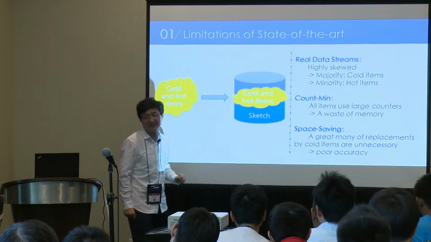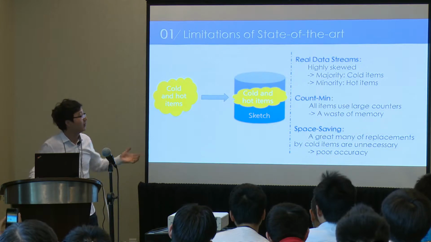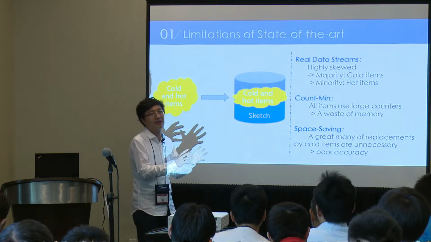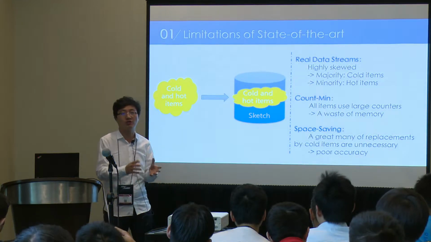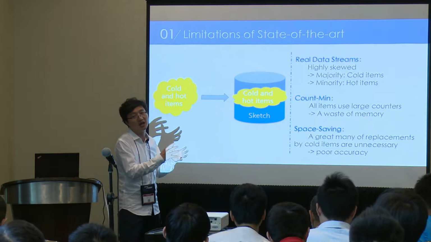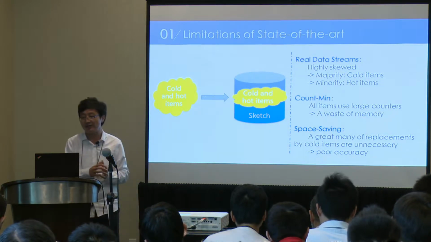But they are a minority. For the counting sketch, we need to make each counter large enough to store the frequency of the hot atoms. Because the hot atoms are very few, it is not memory efficient.